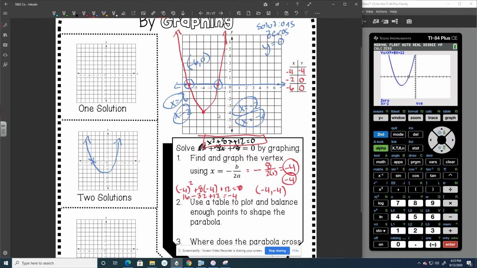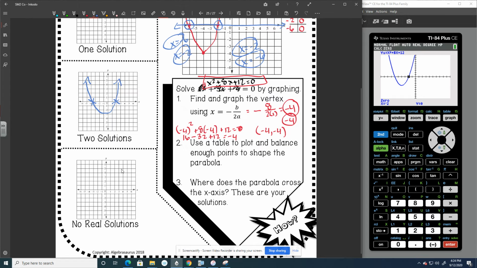That means I'm going to have 2 solutions. Okay. 1 solution, that happens when my vertex sits right on the x-axis. So if my vertex was right there and I only touched the x-axis, I would only have 1 solution. All right.